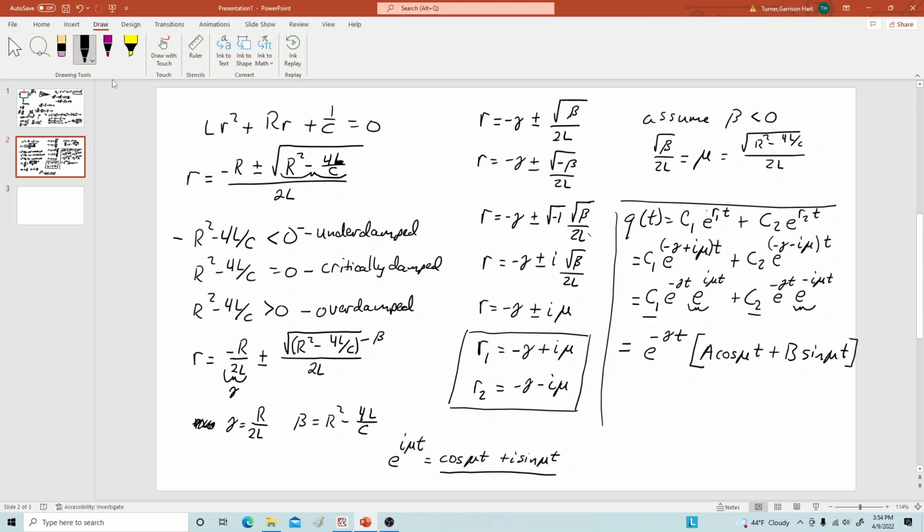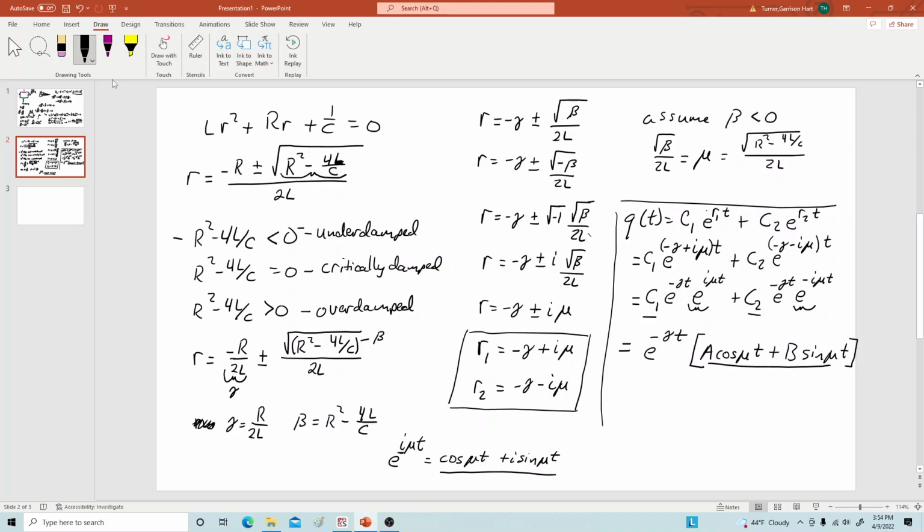Okay, so this is the general solution to this problem when the resistance is small enough that it causes the discriminant to be negative. The negative discriminant is what actually allows for these sines and cosines. If the discriminant were not negative, we would not get this imaginary number here, and this would simply be an exponential decay.